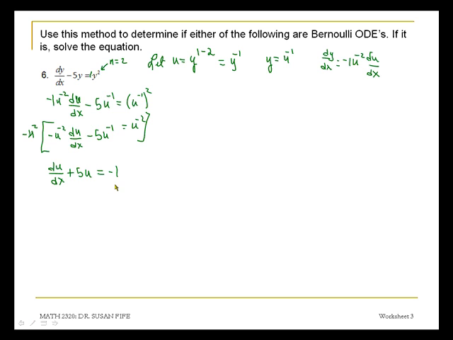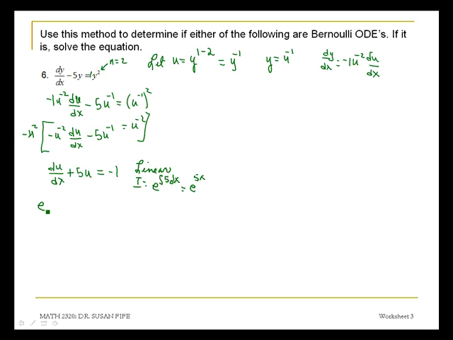Because this is in linear form, we want to introduce an integrating factor. The integrating factor is in the form e raised to the integral of the coefficient of the u term, 5, with respect to x, or e to the 5x.